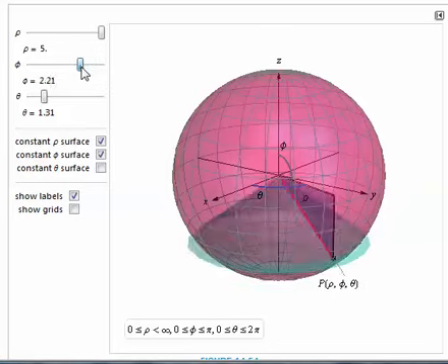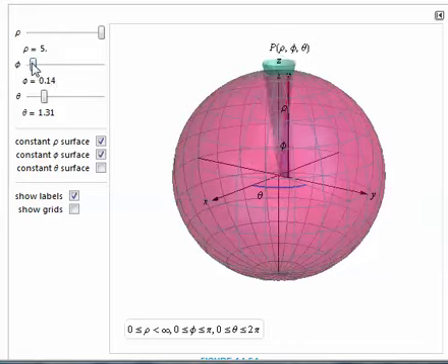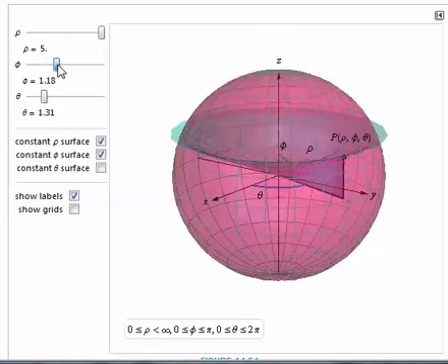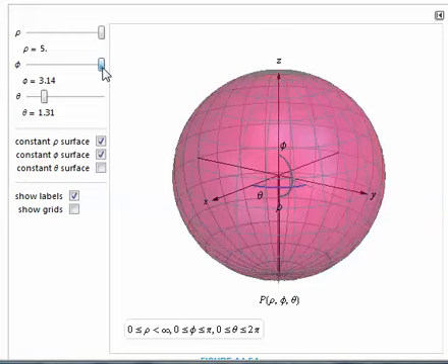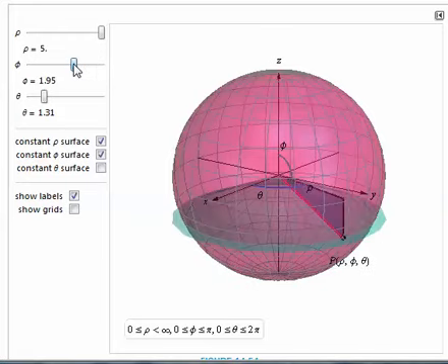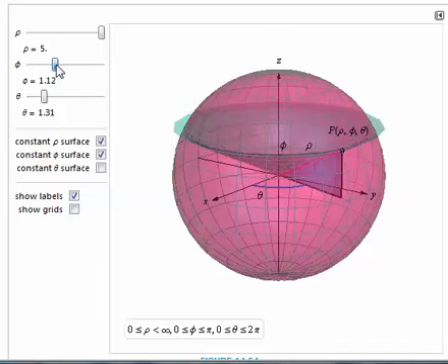So remember I said phi is connected with the word latitude? Well, if you think of your globe, then phi just gives us latitude on the globe. I love that. I think that's really cool. They did a nice job on this, didn't they? All right, so that's what phi does. Phi tells you latitude.